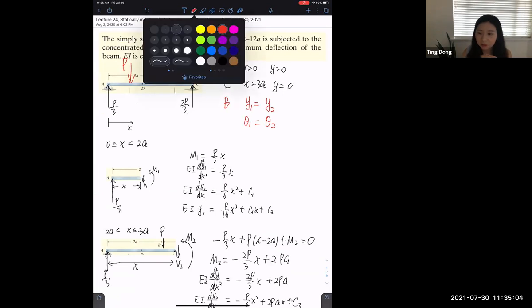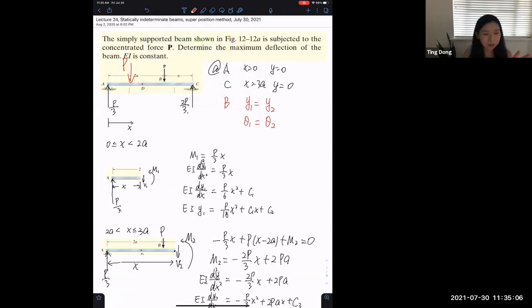So let's imagine that we have another P. Let's put it here. This is a random point between A and B. And for this situation, what you need to do is separate into 3 sections. First section, second section, third section. Now you have 3 sections.